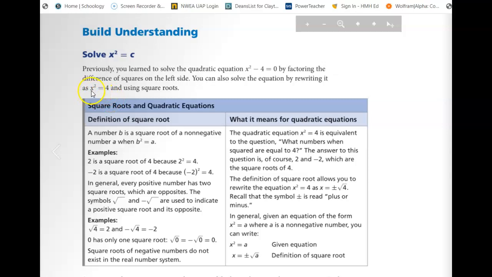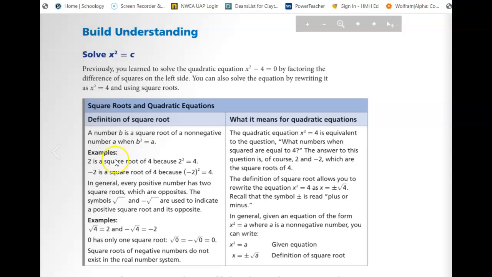You can isolate the squared term from the constant and take the square root of both sides. So let's take a look at the definition of a square root, which is right here. Okay? A number b is a square root of a non-negative number a when if you square b, b squared equals a.